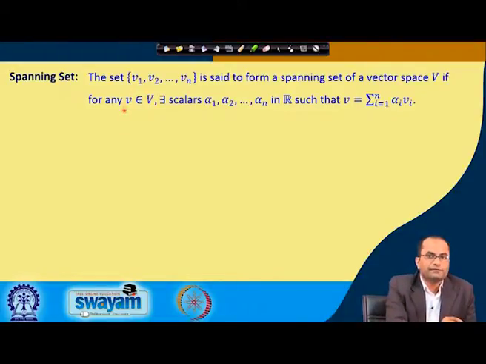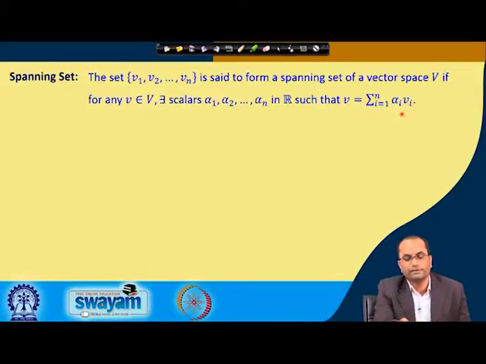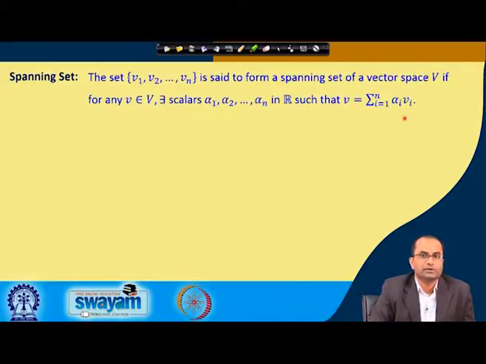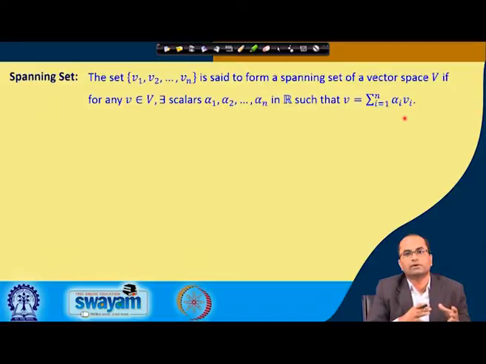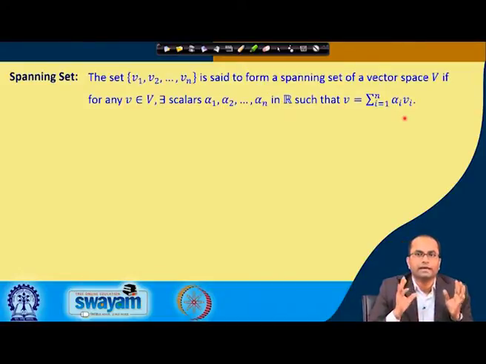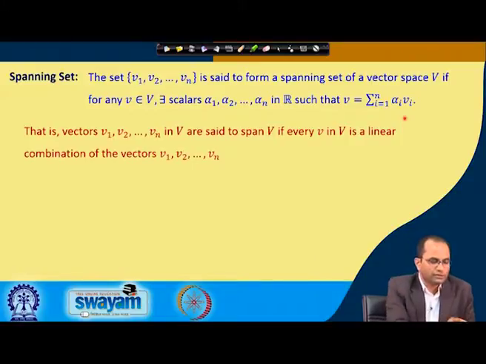If for any v, if we take any element from that vector space V, then there exist scalars alpha 1, alpha 2, ..., alpha n, such that v is equal to the linear combination of these v's. Basically we call this a spanning set of a vector space V if any element of this vector space we can write as a linear combination of this given set, or in other words, the vectors v1, v2, ..., vn in V are said to span V if every v in V is a linear combination of the vectors v1, v2, ..., vn.